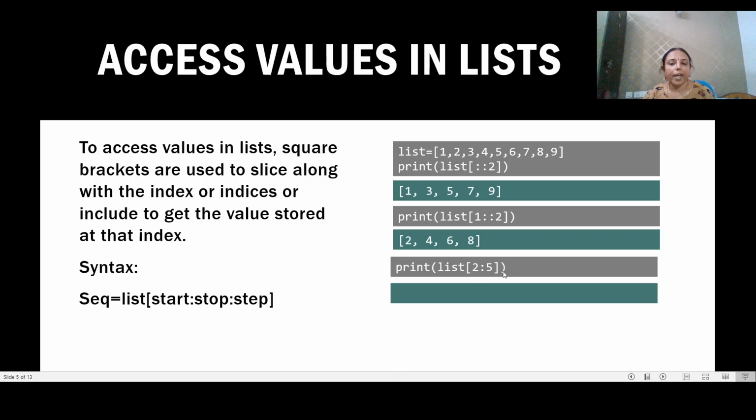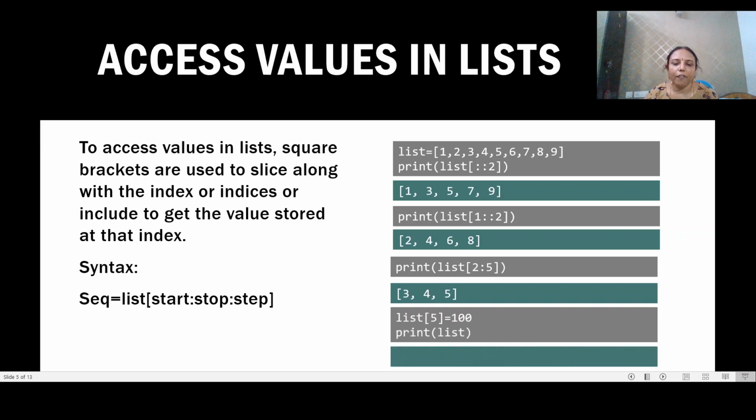It won't include the 5. If I don't mention the stop, it will include all the values, but if I mention this top value, it takes the index one before that. 5 is excluded. So it will include the indexes 2, 3, 4 and access the elements at those indexes. So it will give me output as 3, 4, and 5.